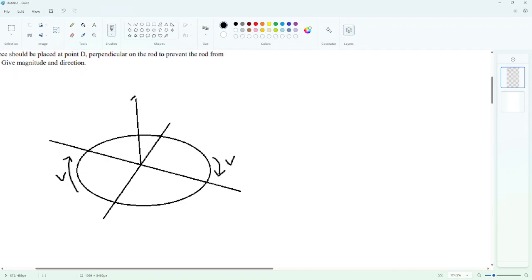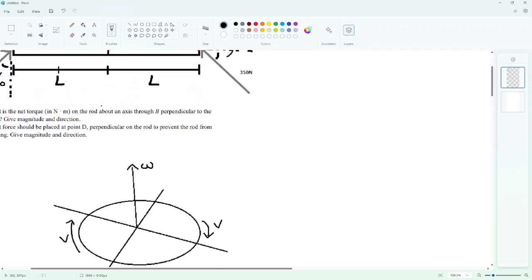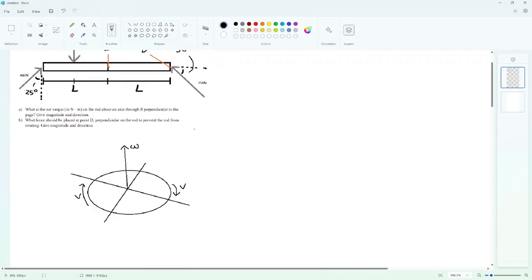I would say that it's going this way. They put it in this direction because where else are they supposed to denote the direction that it's rotating? It can't be going this way because that's where tangential velocity is. So when they say perpendicular through B, you could think of it as just this right here, except instead of this, we got this rod right here.